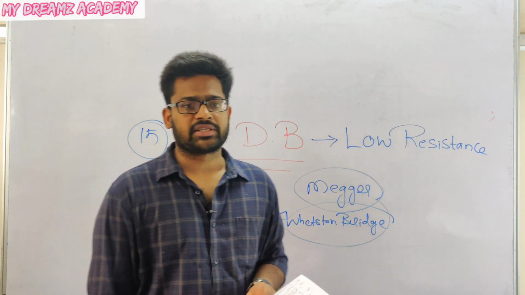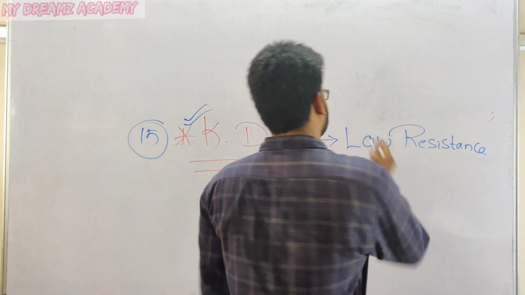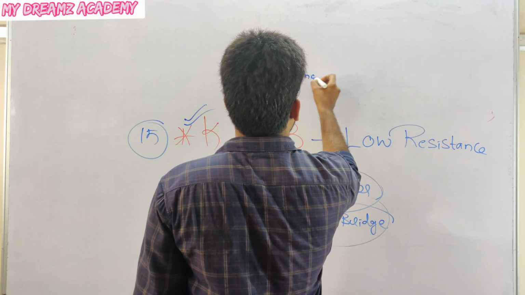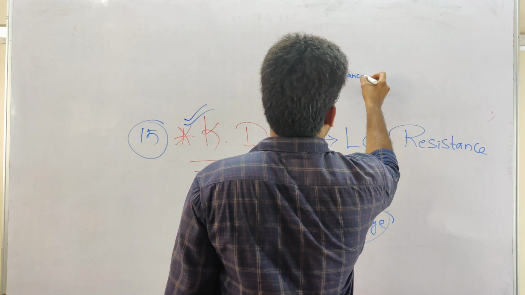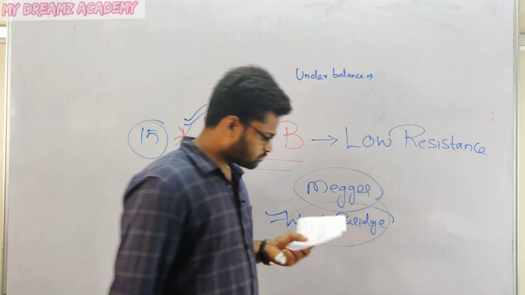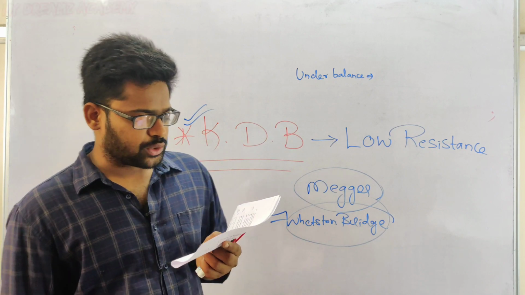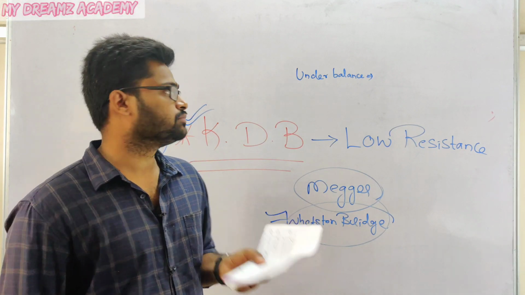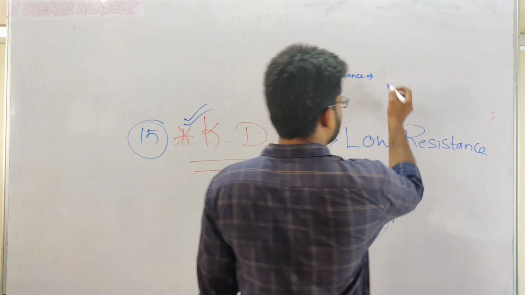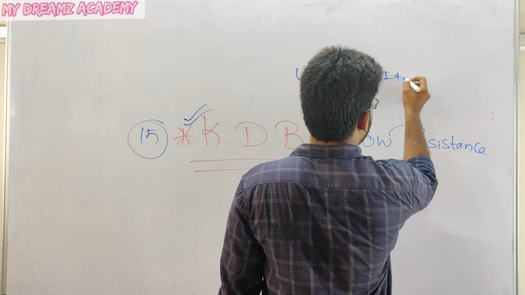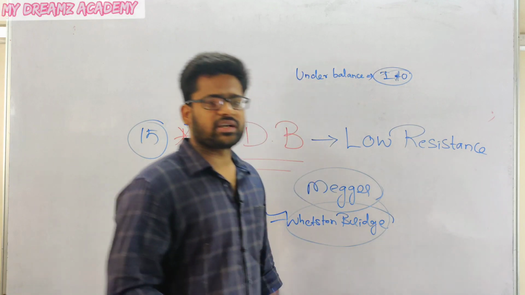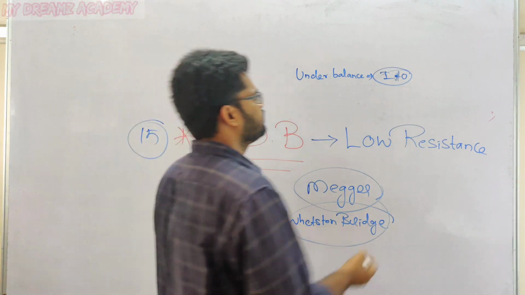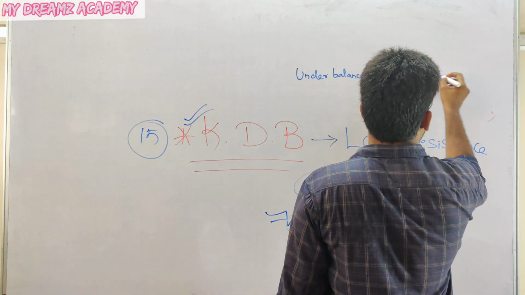We know only one thing, that under balanced condition, power consumed in the circuit containing the unknown EMF is 0. At balanced condition, there is no current flowing through the unknown EMF. The current flowing through the unknown EMF is 0. So, what is the power consumed in the unknown EMF? That is P equals 0.